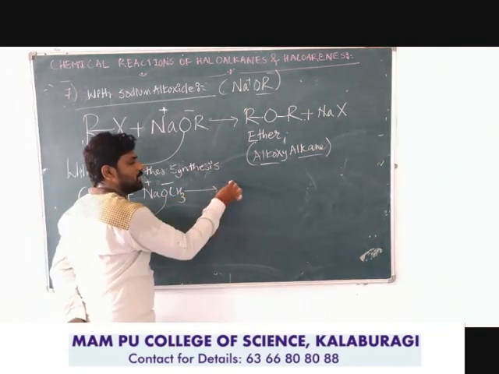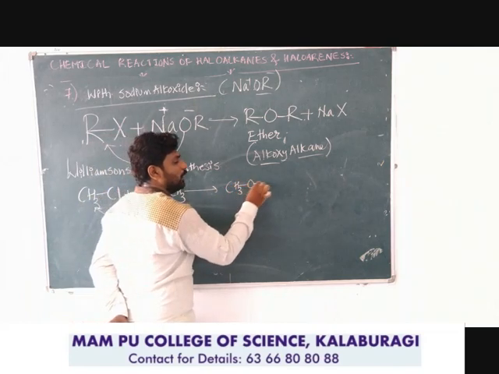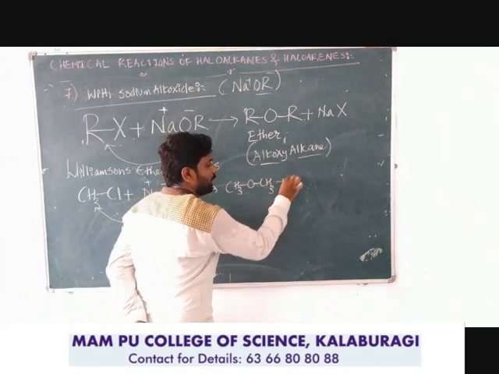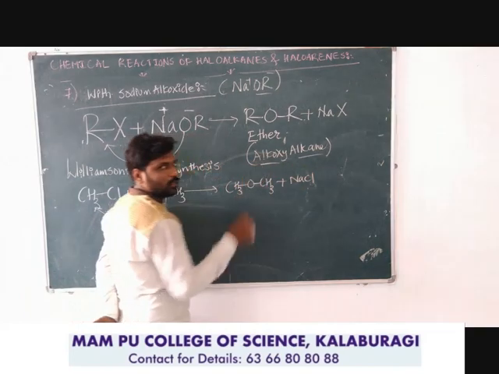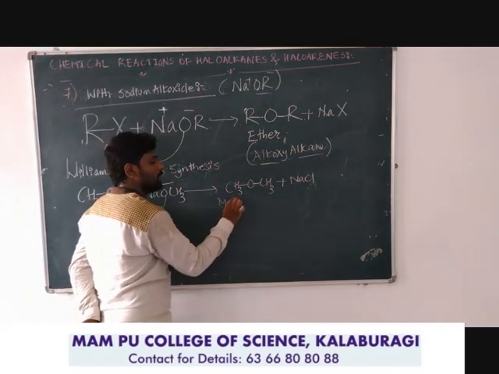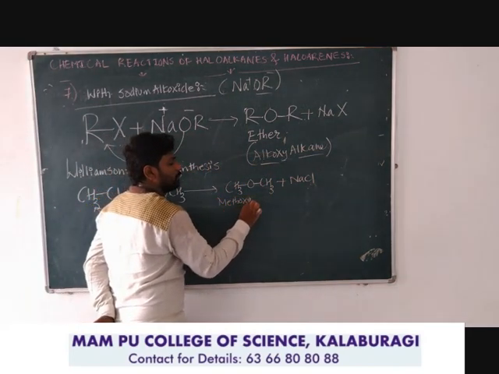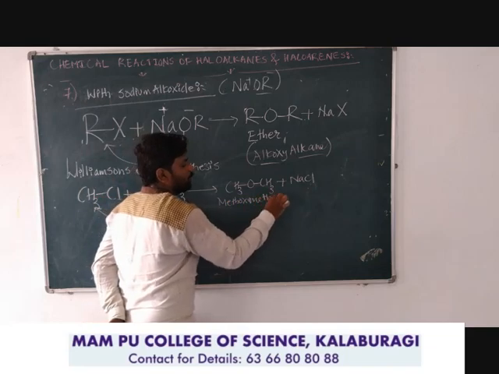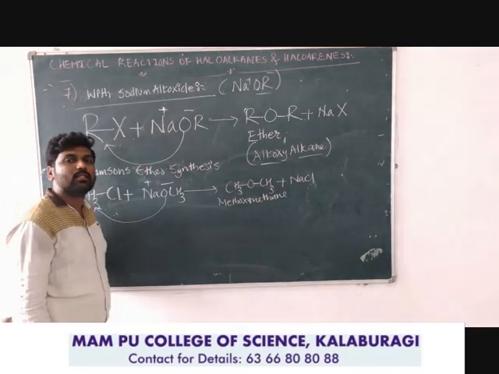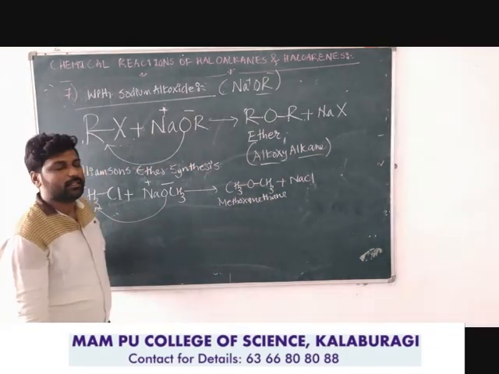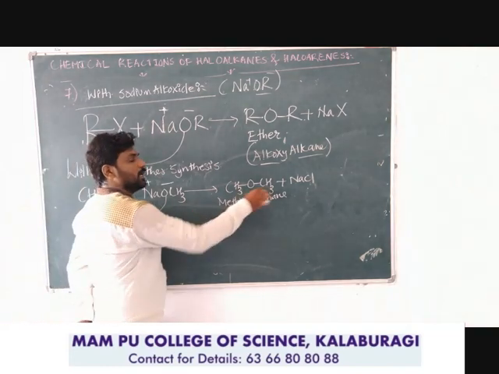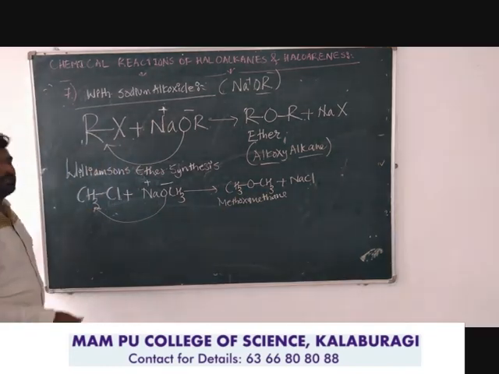Okay, so what happens here? CH3OCH3 plus NaCl. So CH3OCH3, methoxymethane. Methoxymethane is the ether, where both sides we are having the same alkyl group, that is methyl group.